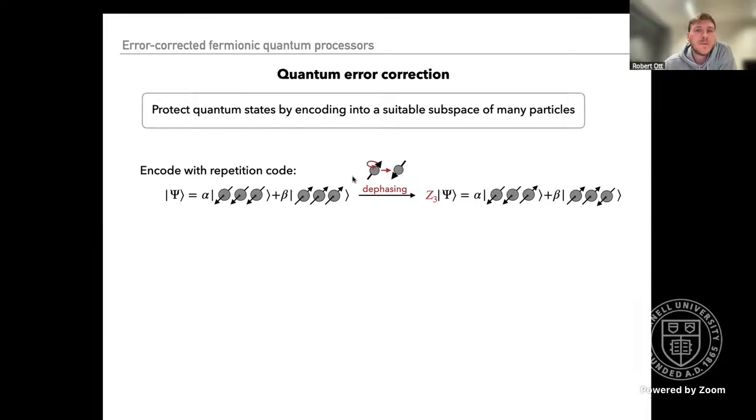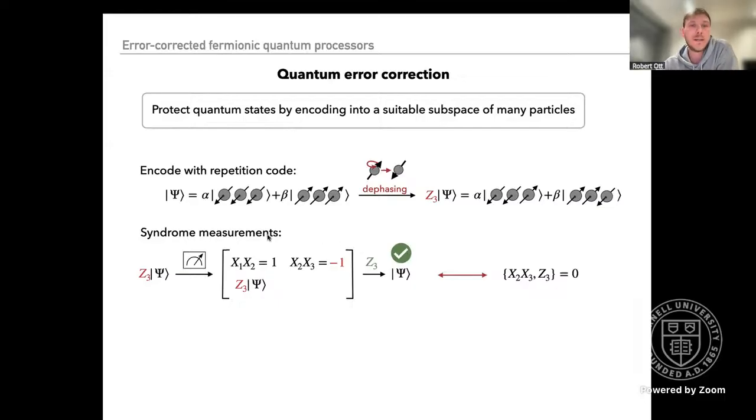So suppose you have a dephasing operation, and a dephasing in this case is a Z operator. The Z operator flips your plus to minus, and you see that initially these amplitudes, alpha and beta, are unaffected by this process. However, you do change the structure of these code words, right? They don't point in the same direction, but instead the third one points in the opposite direction from the rest. So what you do is you define the set of syndromes. There's one operator X1 times X2 and an operator X2 times X3, while initially both of them were in their +1 eigenvalue.